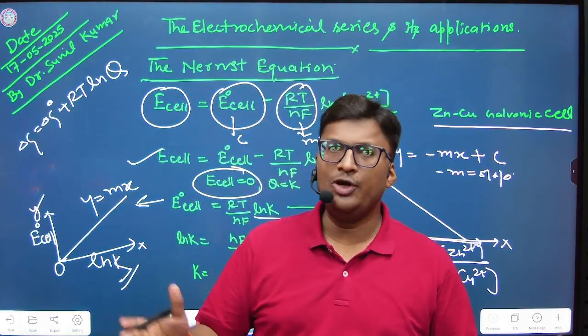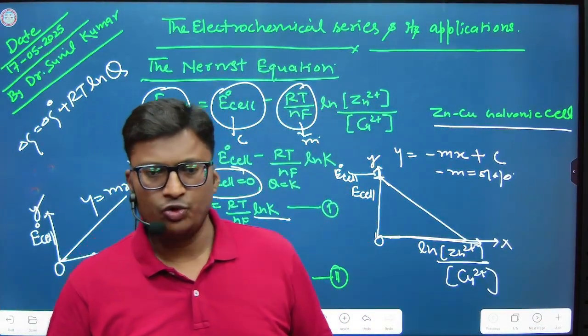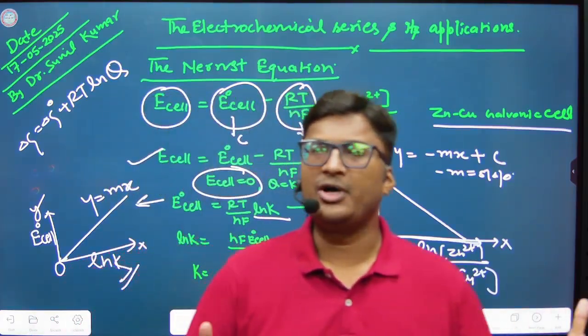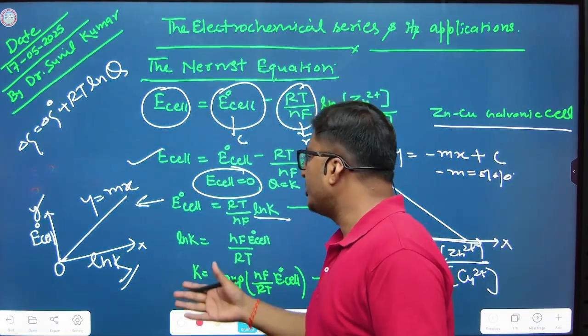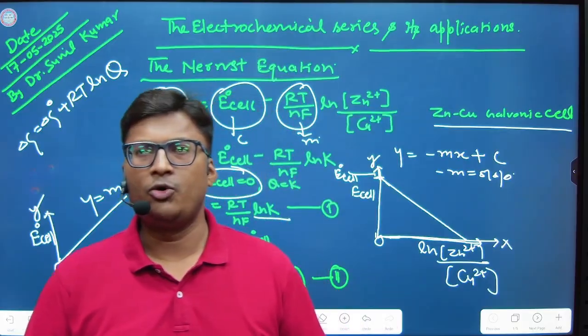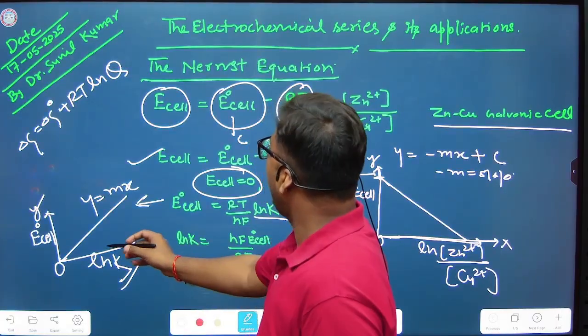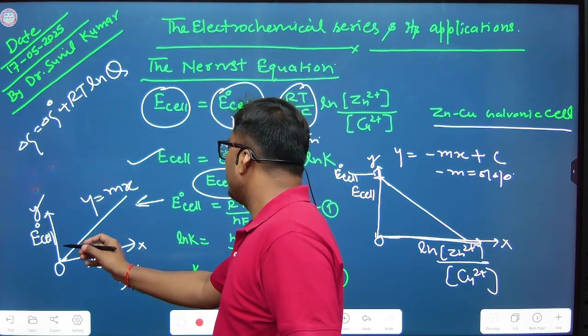So the higher the value of the equilibrium constant, the more it justifies the thermodynamic reaction in the forward direction, and there is a chance of the formation of the products. So the higher the value of ln K, the higher will be the standard cell potential.